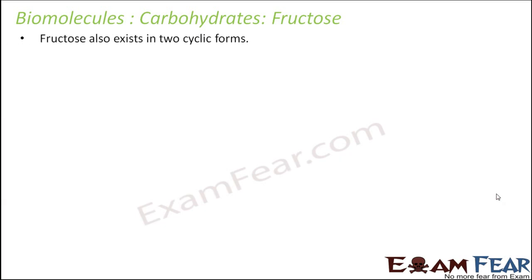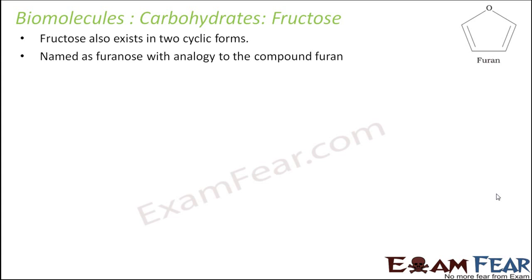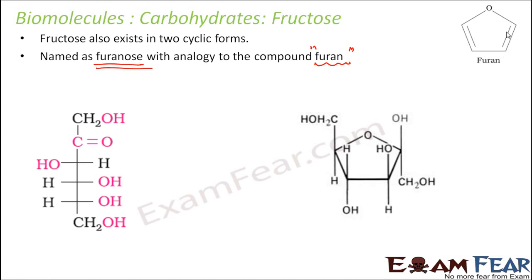Talking about the structure of fructose, again it has an open structure as well as a cyclic structure. If you look at its cyclic form, we see that its cyclic structure is very similar to a compound called furan, and that is why it is also known as furanose. So this is the structure of furan, and this is the cyclic structure of fructose.